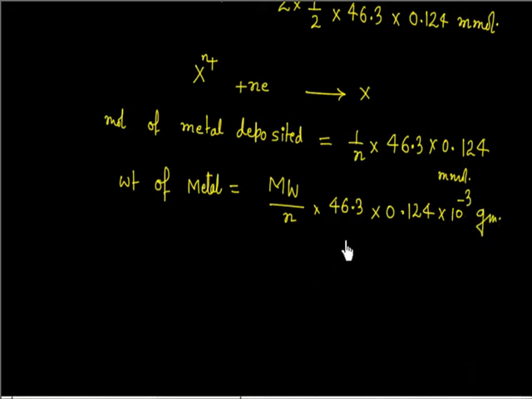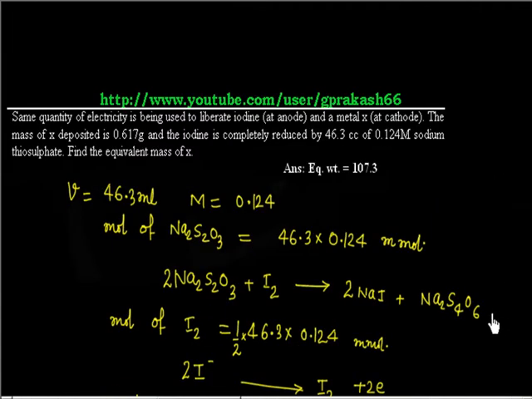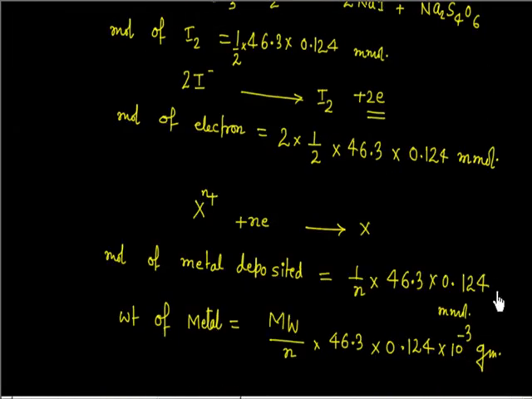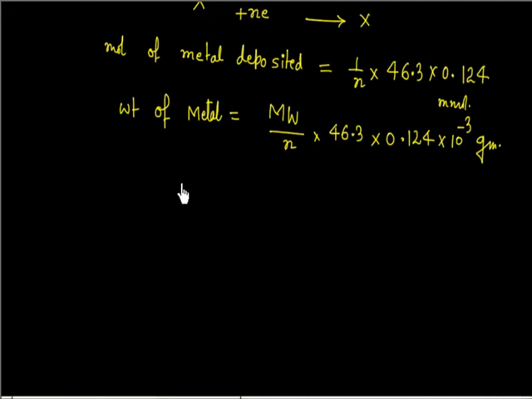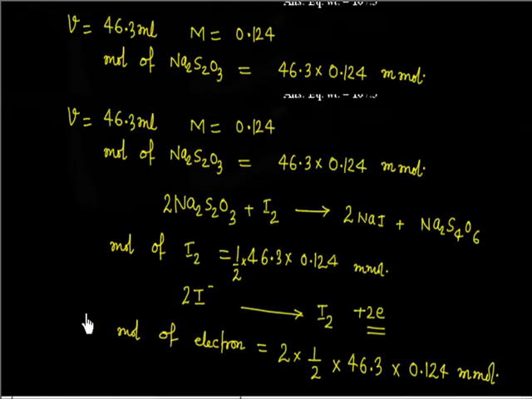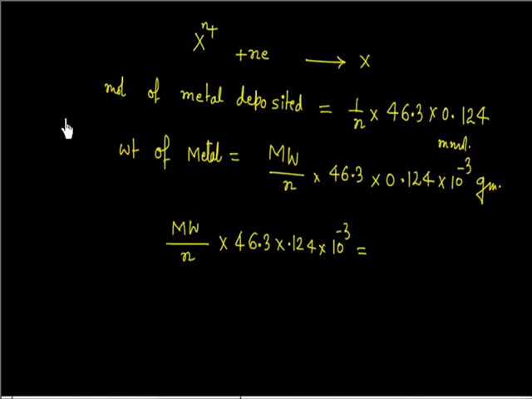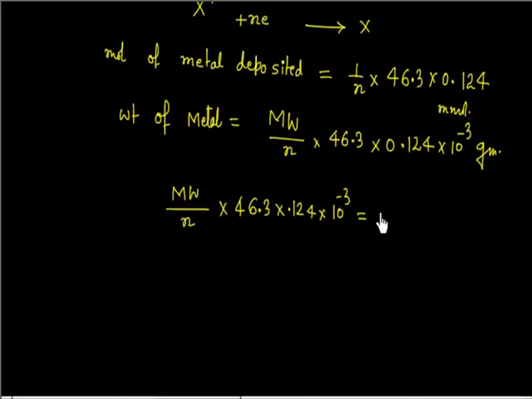Now the question gives me this value. What is this value? This value is 0.617 gram. So this is equal to 0.617. So molecular weight divided by n into 46.3 into 0.124 into 10 to the power minus 3 is equal to 0.617.